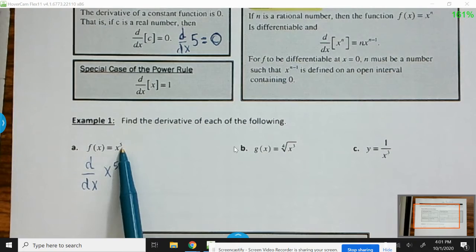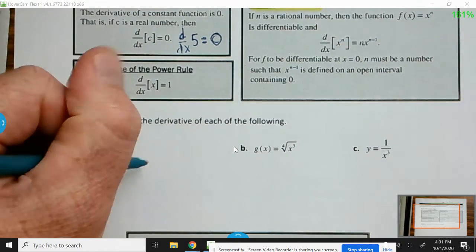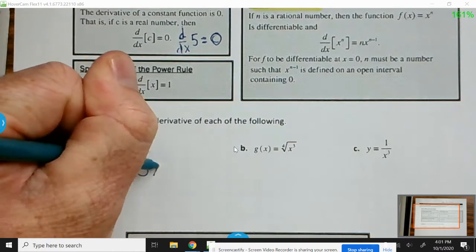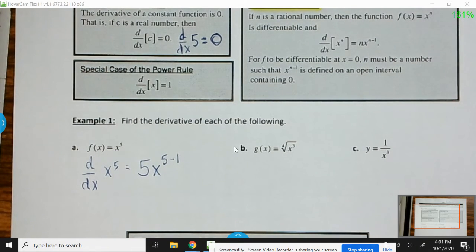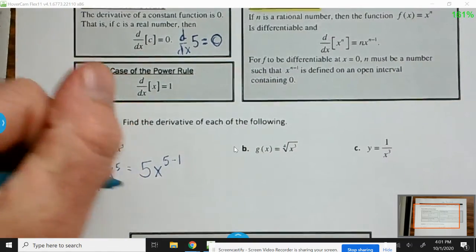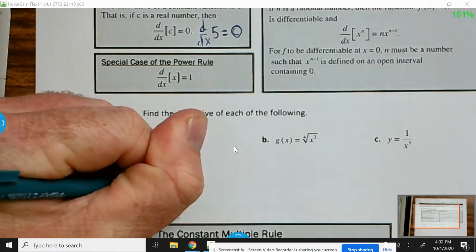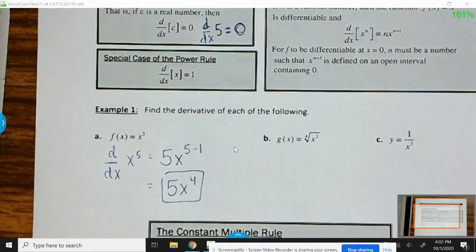In this case, I'm going to take n to be 5, and I'm going to write that 5 out front. Then I simply note that the derivative is always 1 degree less than the original, and that's where that minus 1 comes in. So what I can note is the answer is 5x to the 4th power, right? That's it. That's how we calculate the derivative of just this exponential function.